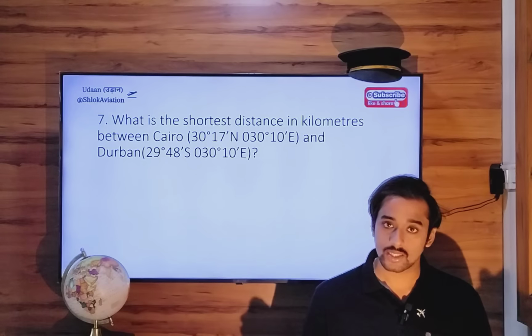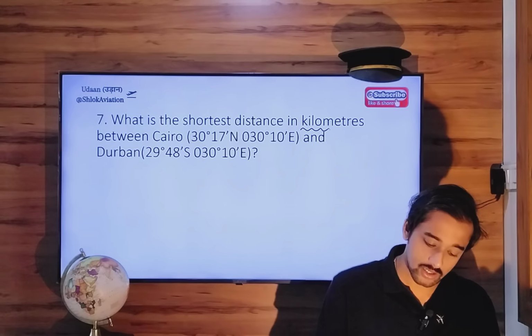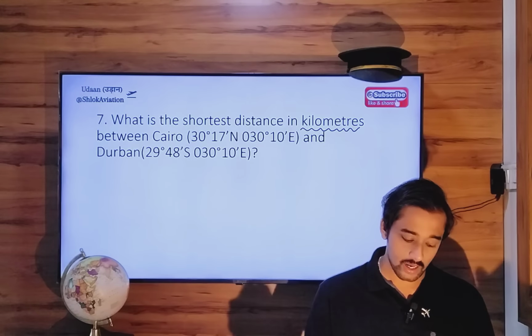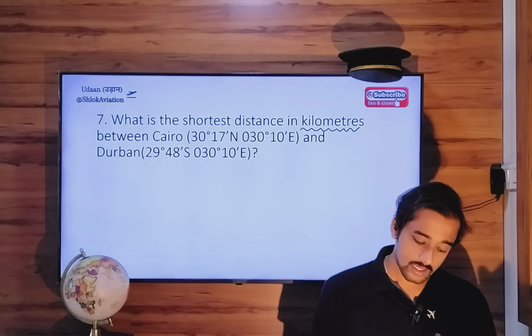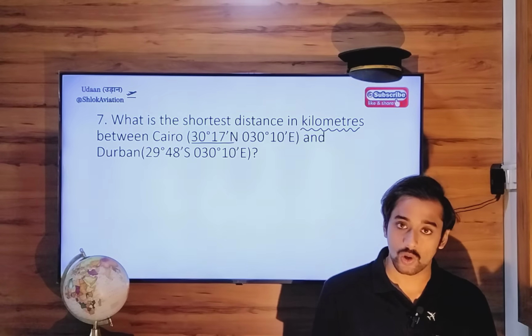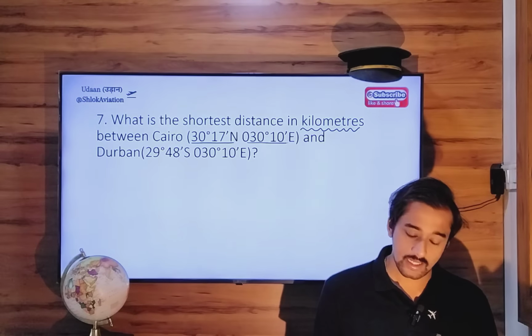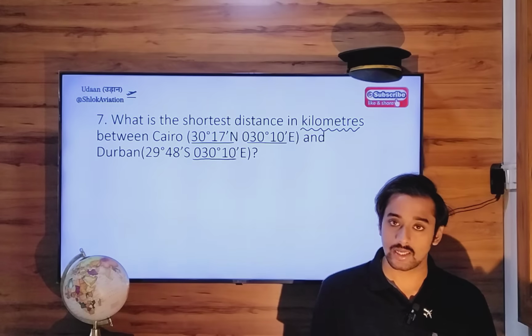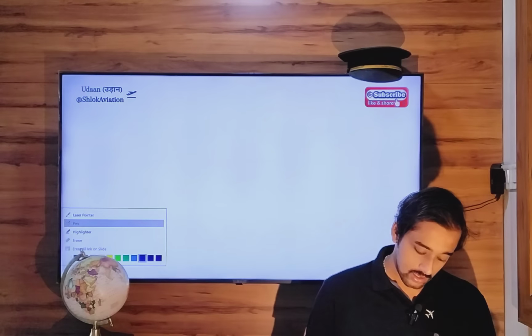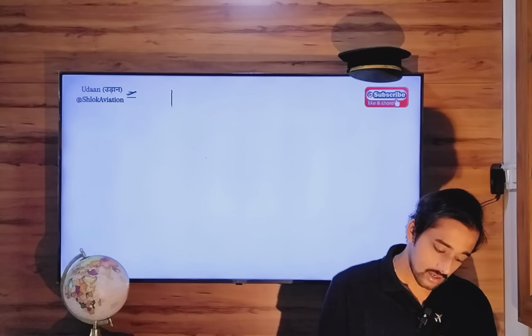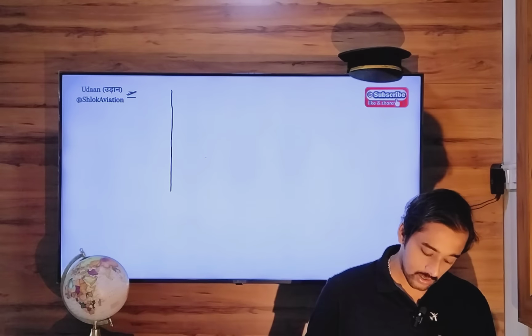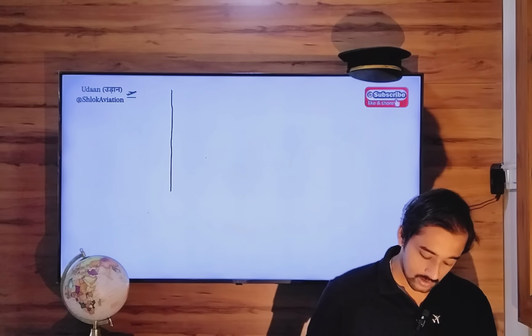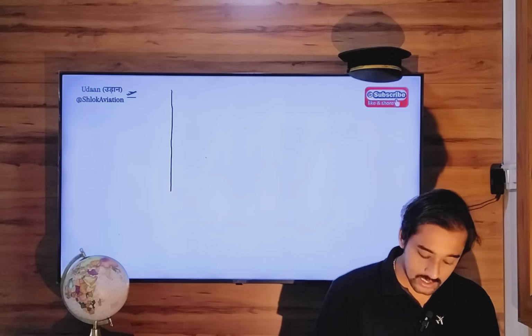What is the shortest distance in kilometers? Pay attention to this. Between Cairo and Durban. Now Cairo is 30 degrees 17 minutes north, 30 degrees 10 minutes east. So is Durban at 30 degrees 10 minutes east, meaning these two locations are situated on the same longitude of 30 degrees 10 minutes east.